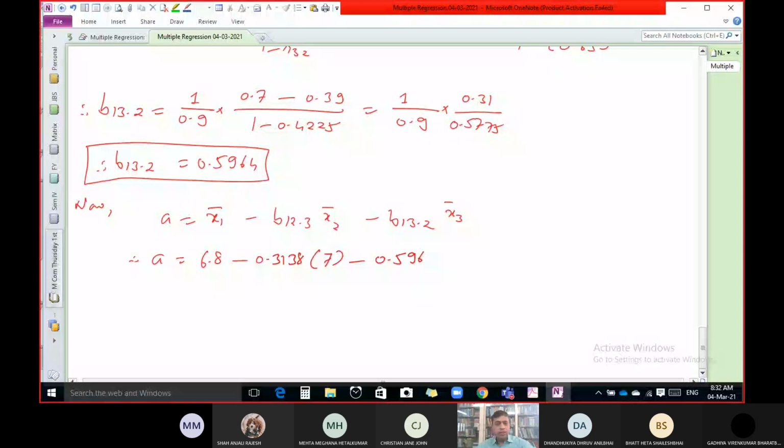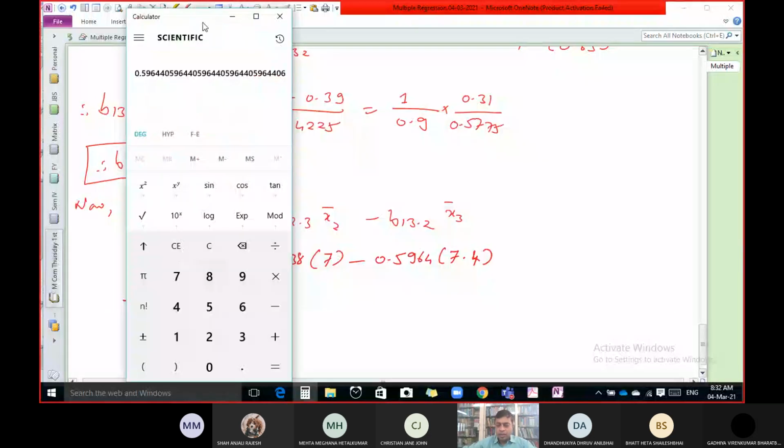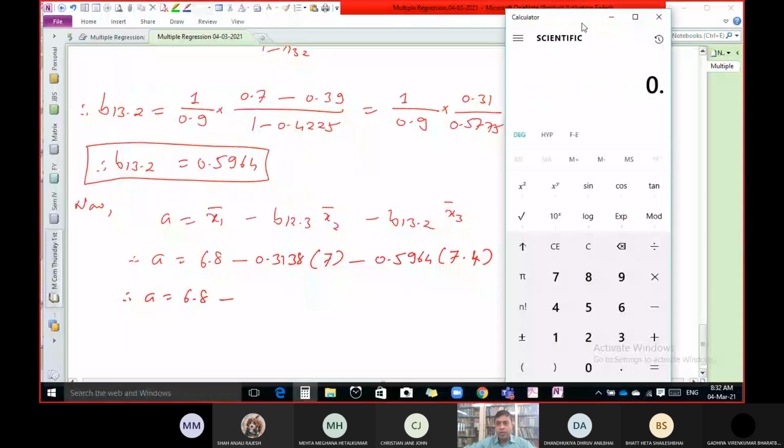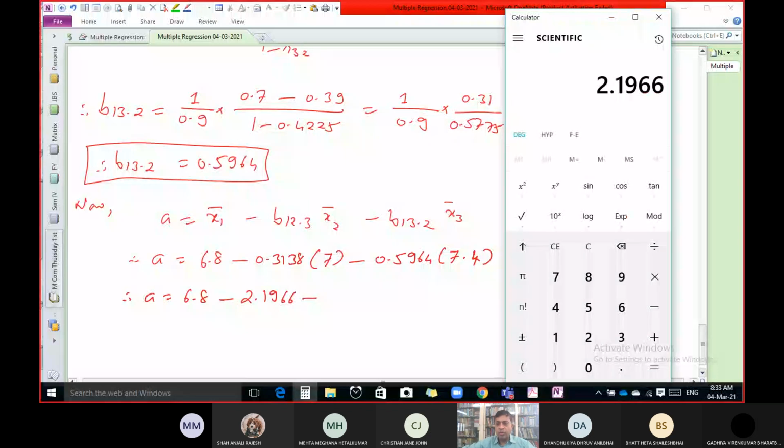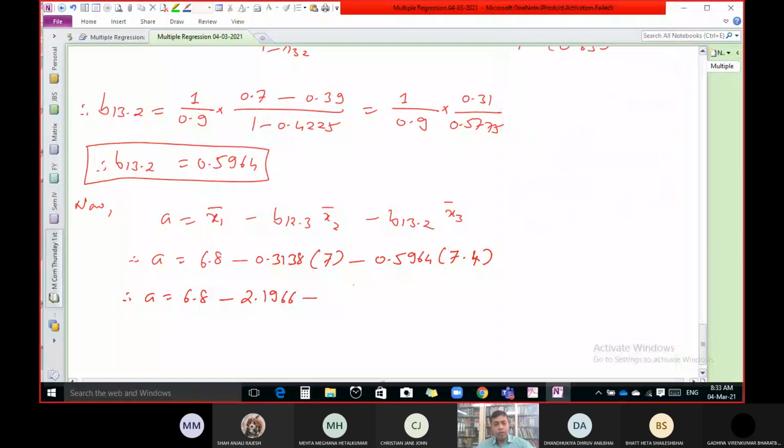Now let us calculate this. So 6.8 minus 0.3138 into 7, it is 2.1966, and 0.5964 into 7.4 is 4.4134.